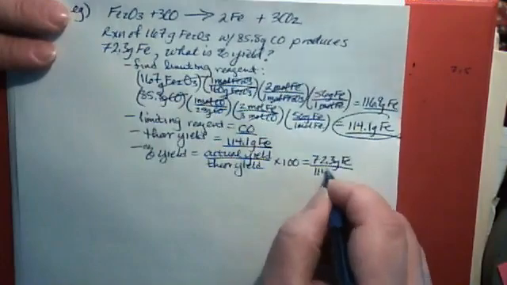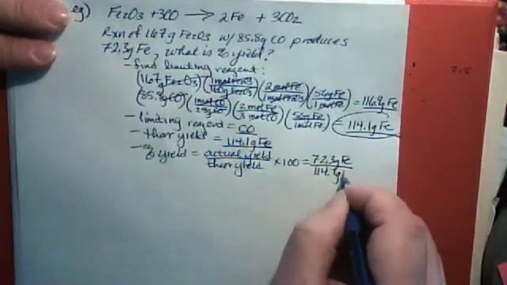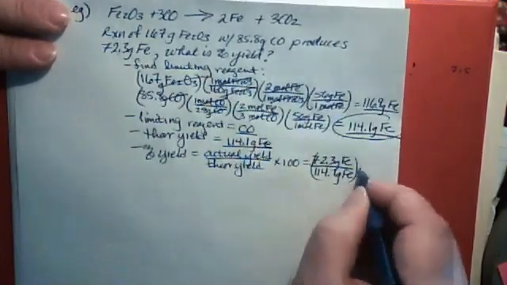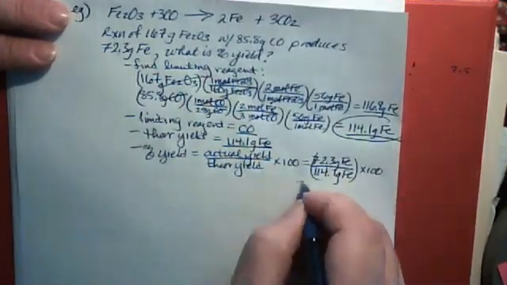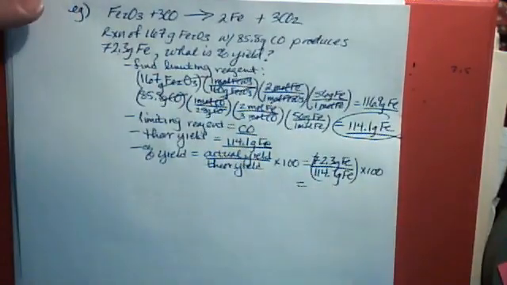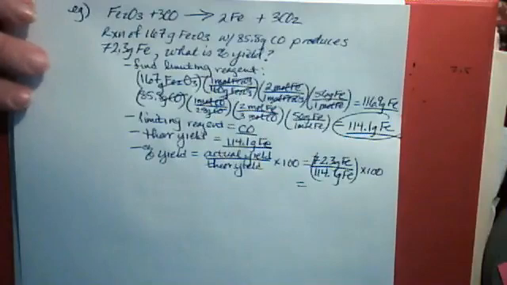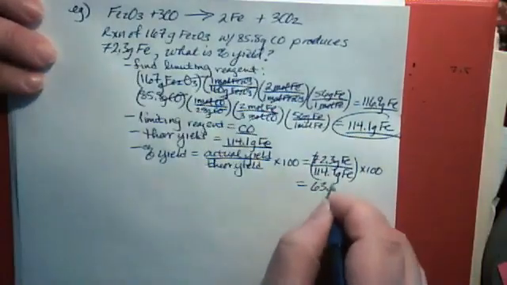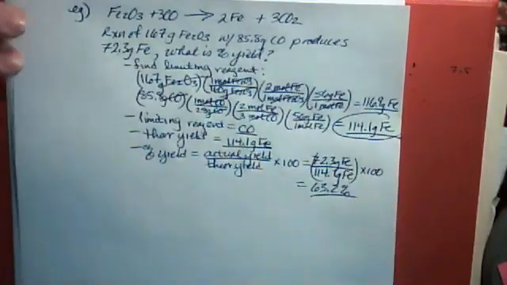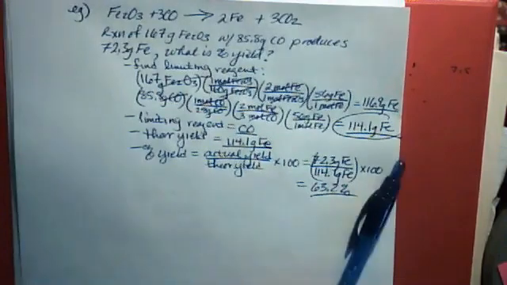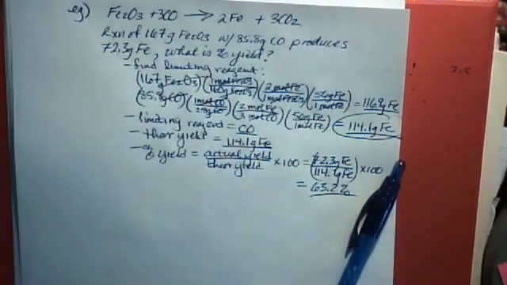And the one you calculated is the theoretical yield. 72.3 over 114.1 is 63.2% yield. Actually, not very good. But, oh well. These things happen.